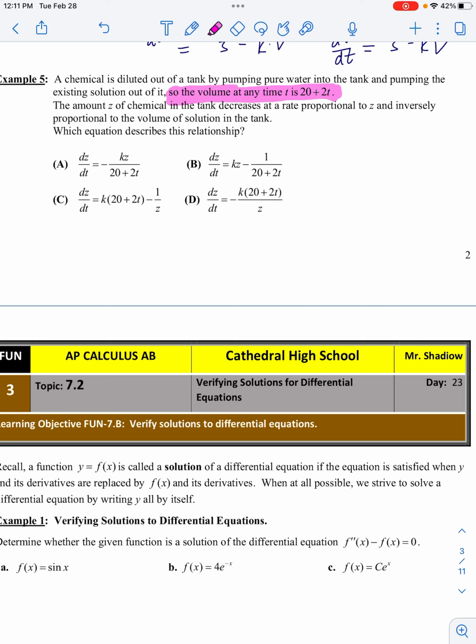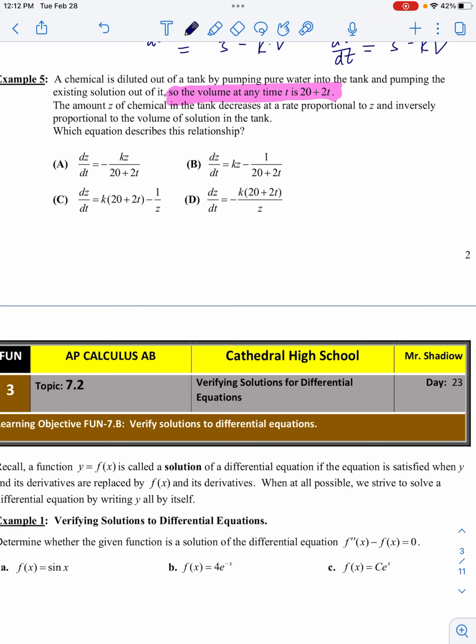The amount of chemical Z in the tank decreases at a rate proportional to Z and inversely proportional to the volume of solution in the tank. Which equation describes this relationship?